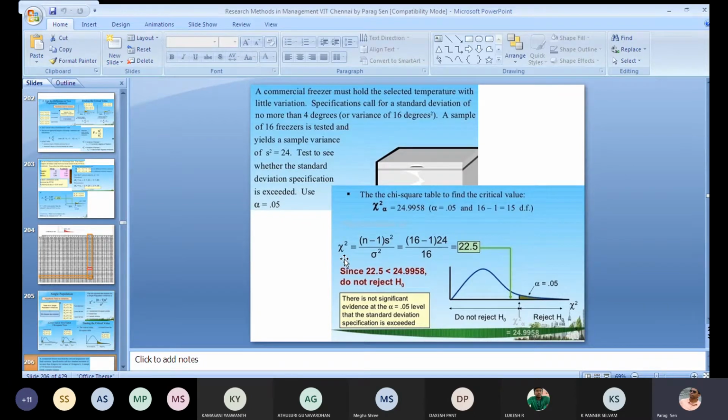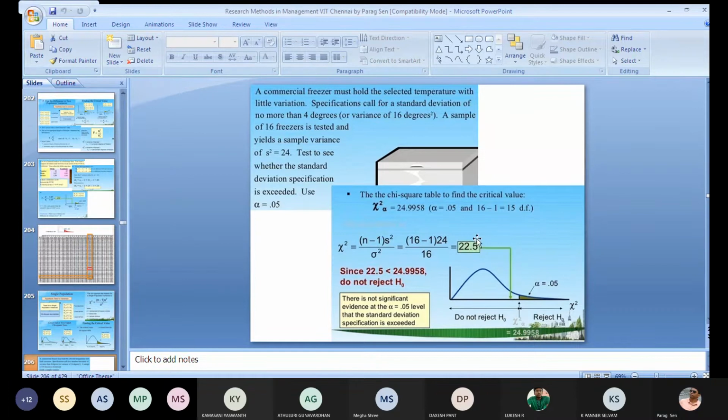If you calculate the chi-square, you put n equal to 16 because you have tested 16 freezers, 16 minus 1 because you are considering the degrees of freedom. A square you put 24, the sample variance, divided by sigma square, the variance 16 degrees, which is none other than the specification variance. And it will come out to be 22.